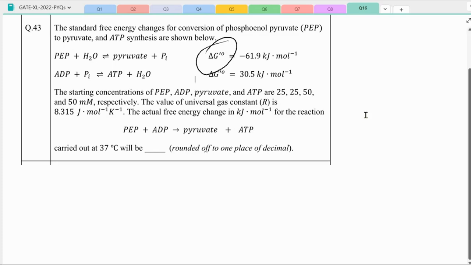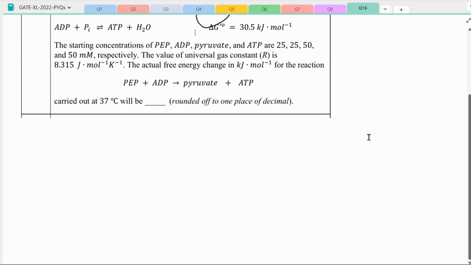The value of the universal gas constant R is 8.315 joule mole inverse Kelvin inverse. The actual free energy change in kilojoule per mole for the reaction, that is PEP plus ADP gives pyruvate plus ATP, carried out at 37 degrees Celsius will be what? This is a basic thermodynamics question that we should all know how to solve.